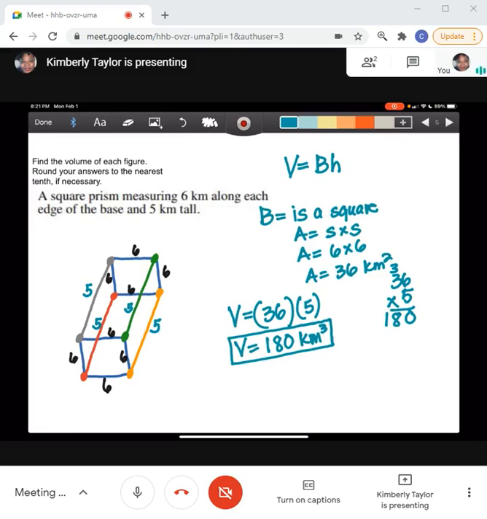Is that yes, please? You want me to do more? A cube. Oh, the cylinder. Oh, okay. Oh, those are easy. Okay, let's do it like this.